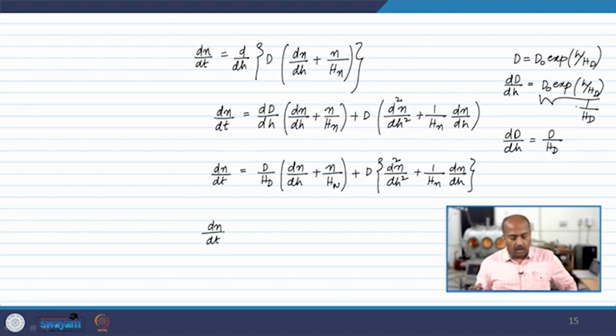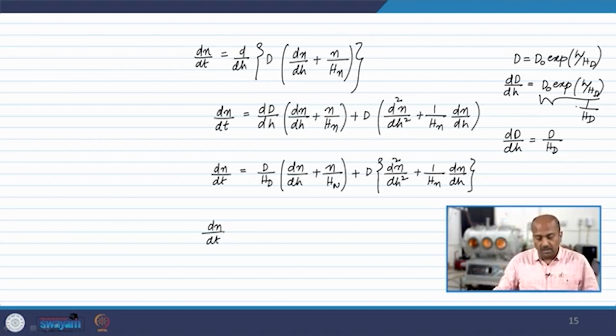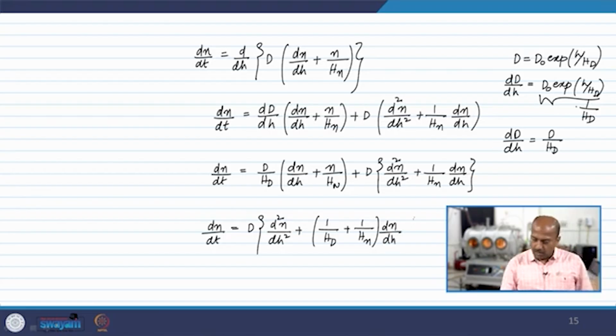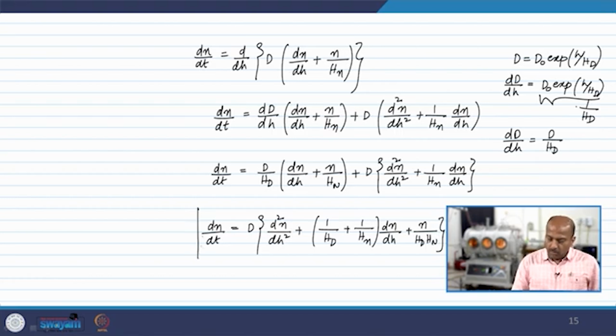the rate at which the concentration of minor species changes with respect to time due to collisions and diffusion, dN by dt. Rearranging all these terms, we can write D times d square N by dh square plus 1 by HD plus 1 by HN times dN by dh plus N by HD HN. You see, this is a very important relation.